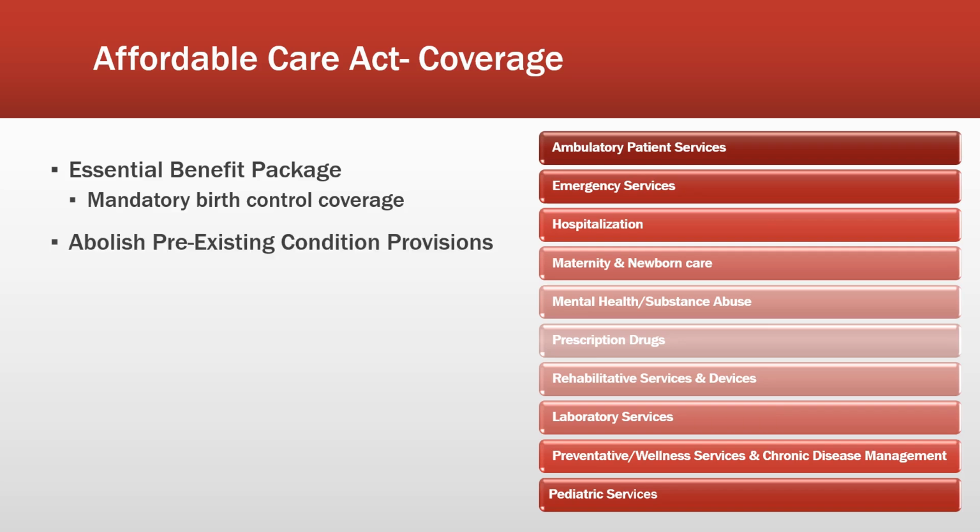One of the most important things it did was abolish pre-existing condition provisions in healthcare plans. So no longer should you be unable to get health insurance because you had a health issue in the past. It used to be if you let your insurance coverage lapse, or you never had insurance, you couldn't get new health insurance to cover the healthcare issues that you had previously.